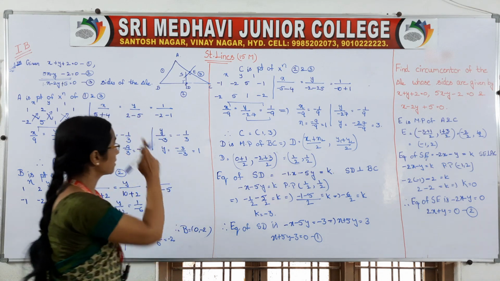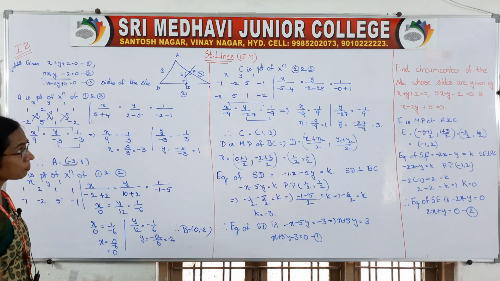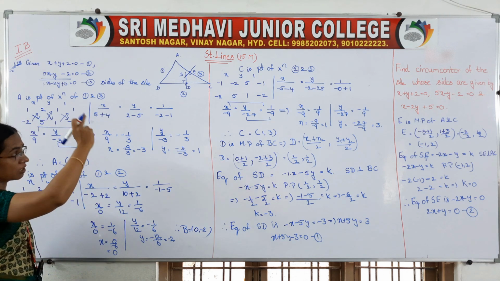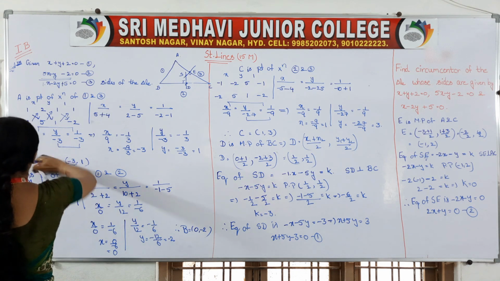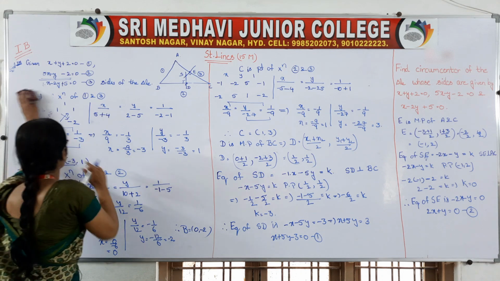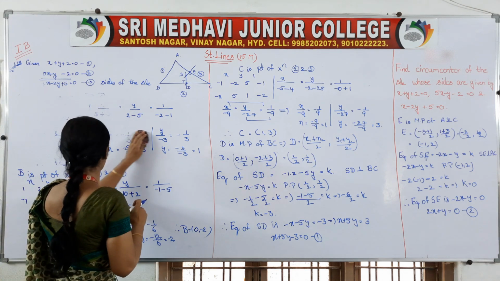So we got the SD equation and the SE equation. Now you solve these two equations, you will get your point of intersection. That is our required circumcenter. So come on, now you find out your circumcenter. How will we get our circumcenter?